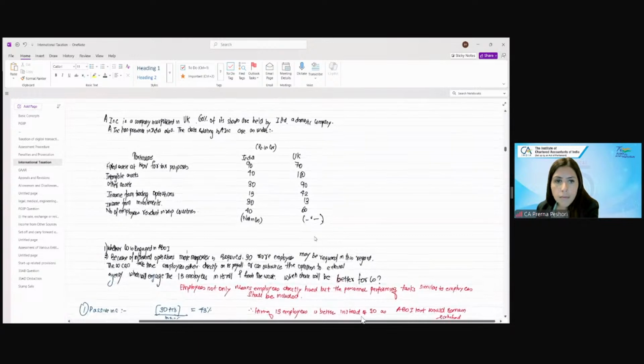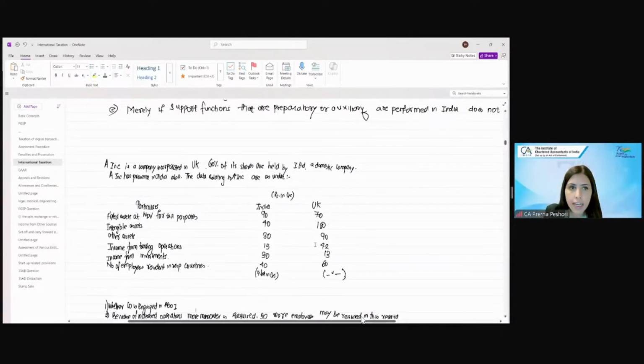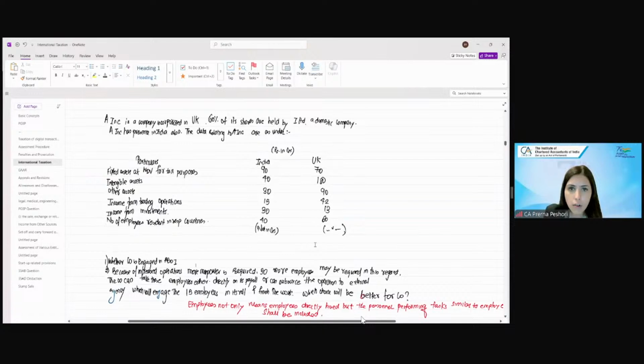I hope this question is visible to all. A Inc. is a company incorporated in UK. 60% of its shares are held by residents in India also. The data relating to A Inc. are as under. Fixed assets at WDV for tax purposes, the rupees in crores is given.